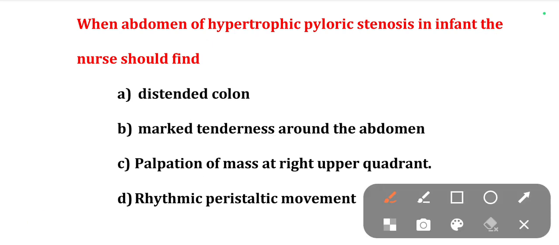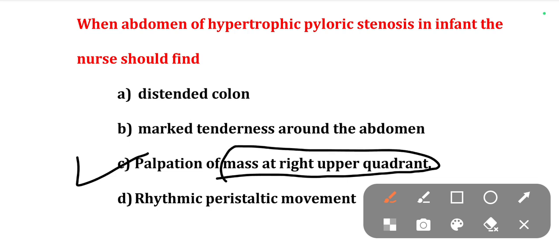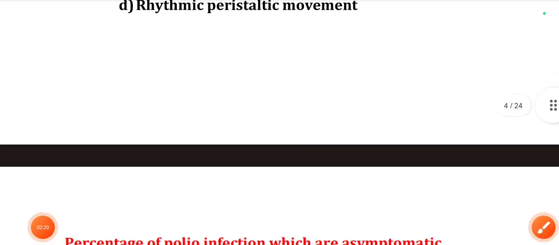The right one is palpation of mass at right upper quadrant. Because of having pyloric stenosis, the mass can be found in the upper quadrant region because of the hypertrophic stenosis.